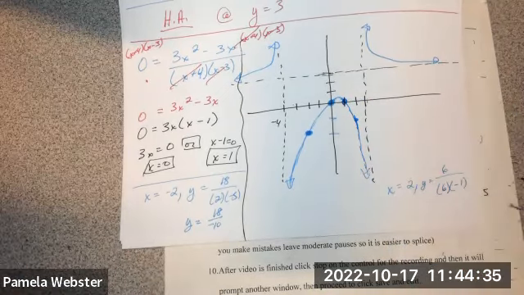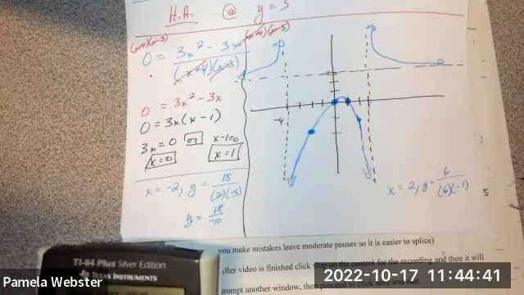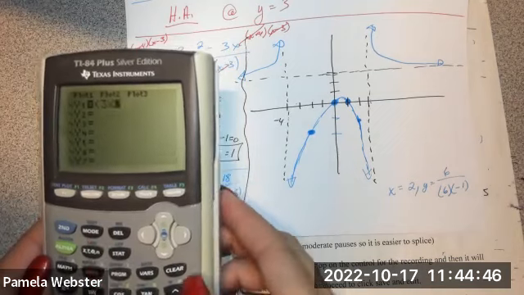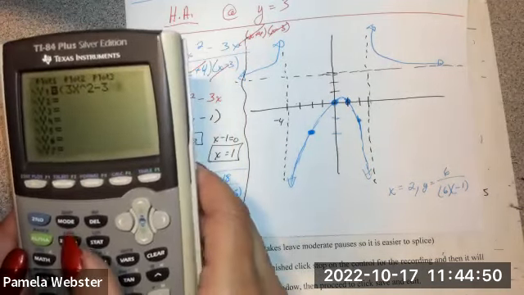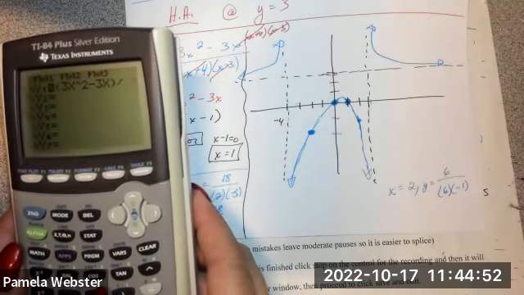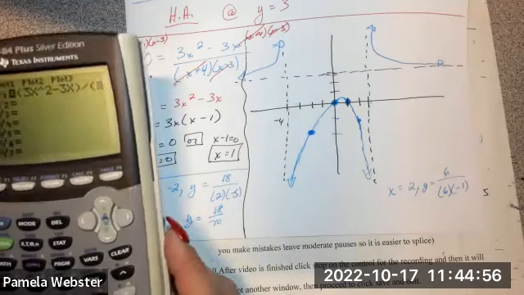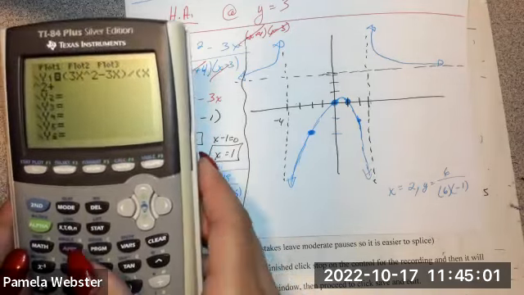Okay, so we're going to check this on the calculator real fast. I know I'm running low on time. So the top is going to be, in parentheses, 3x squared minus 3x, divided by the bottom in parentheses, let me go back to the original, x squared plus x minus 12.